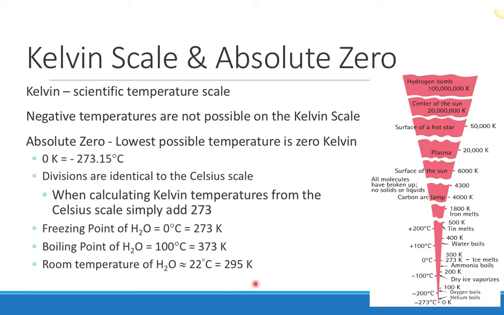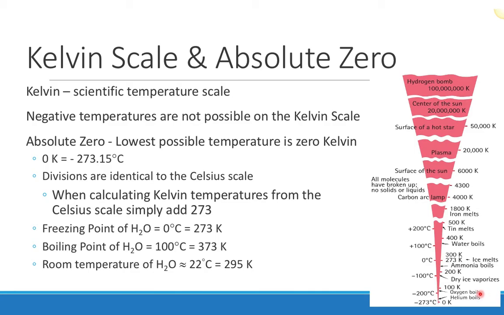So if I know the Celsius temperature, I can always figure out the Kelvin temperature by just adding 273. And those divisions on the scale are exactly the same. If I put my Kelvin scale right next to my Celsius scale and drew divisions on my thermometer, they would each be the same separation distance. You'll notice there's a picture on the right that gives us some idea of different temperatures and what's going on at those temperatures.